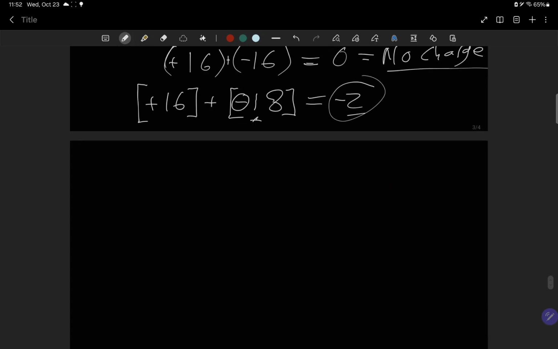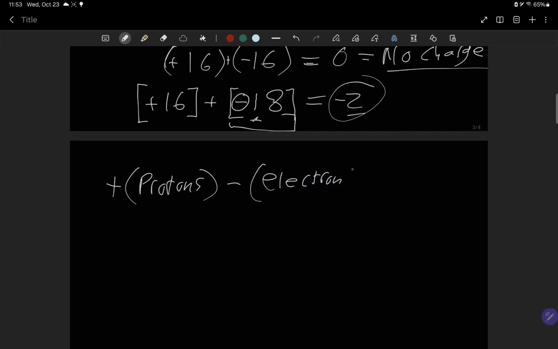So again, adding electrons is going to be additional negative charge. So you have your positive, that's your protons. Then you're going to have negative the number of electrons. So this is a good way to determine what your total charge is going to be.